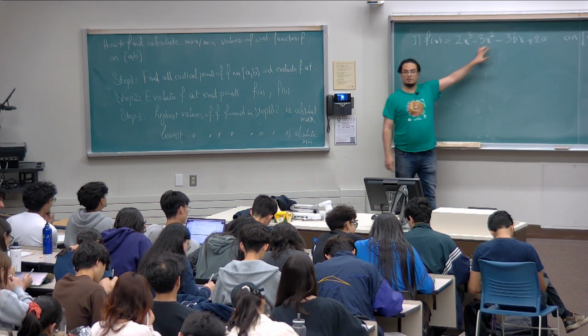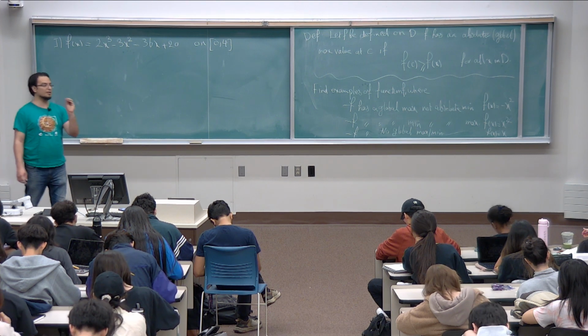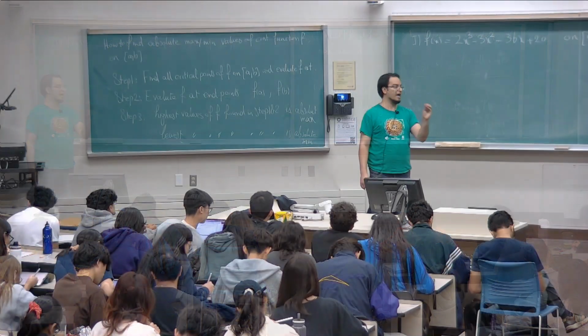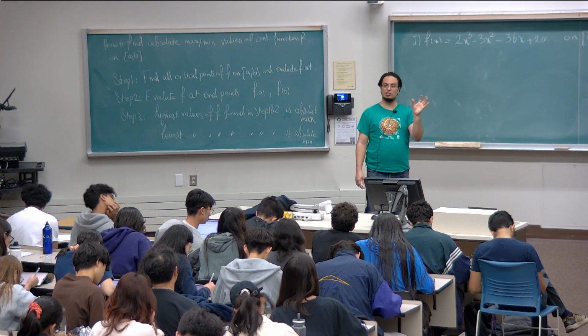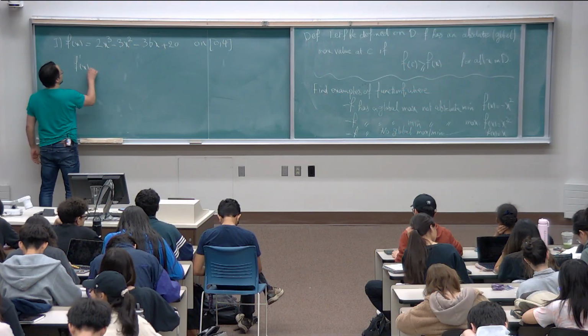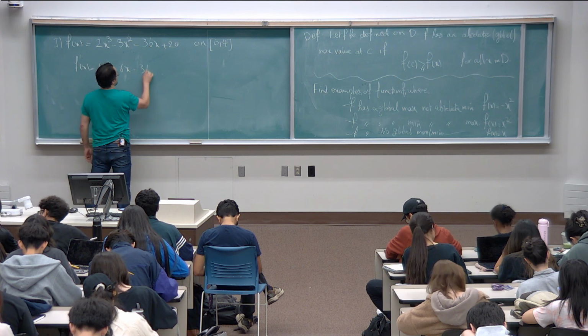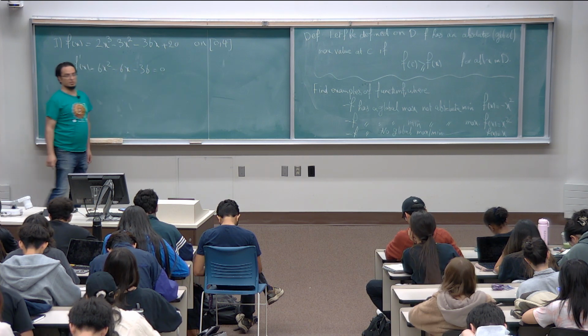This is a polynomial, so it is differentiable everywhere. That means the only critical points we can have are the ones where the derivative is equal to 0. So let's find the derivative, which is 6x squared minus 6x minus 36, set it equal to 0.